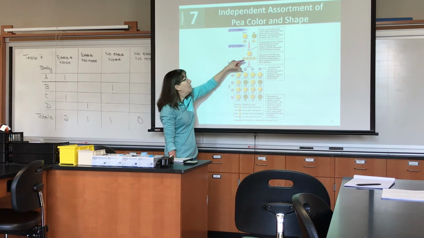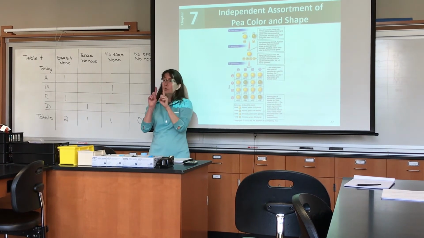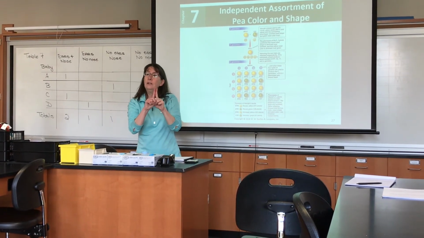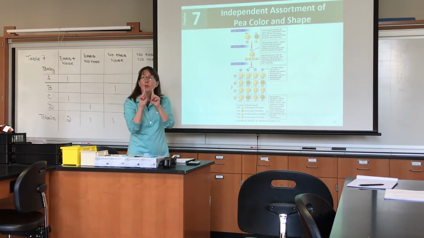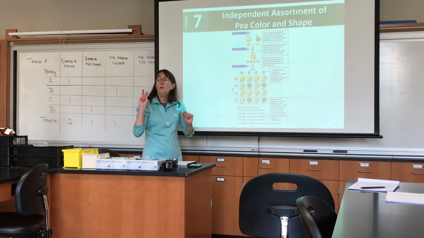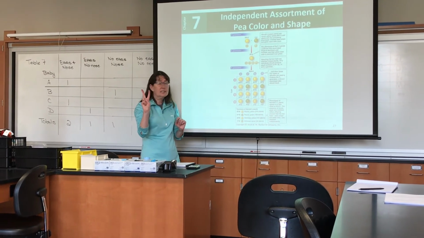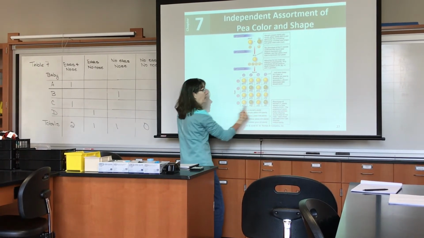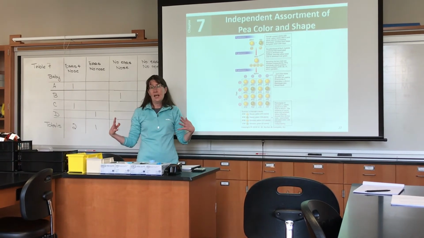And so now we're going to take 2 individuals from the F1 generation, and they are going to produce our offspring. And when we look at 2 characteristics at a time, notice our Punnett square has increased in size.